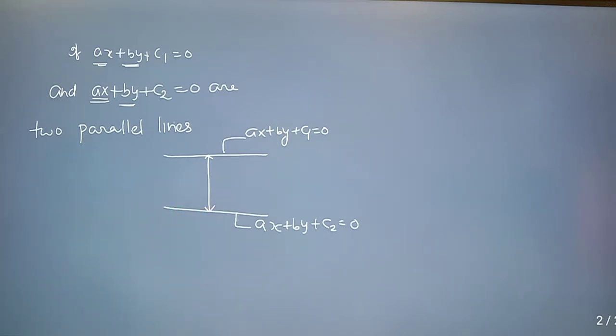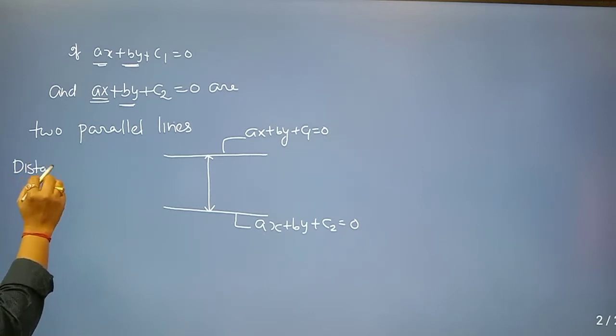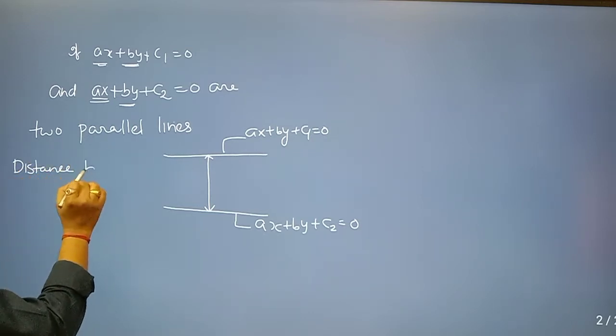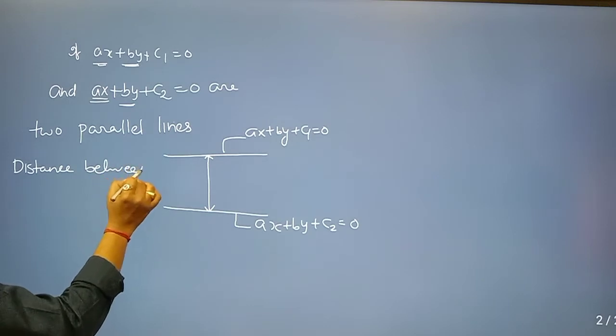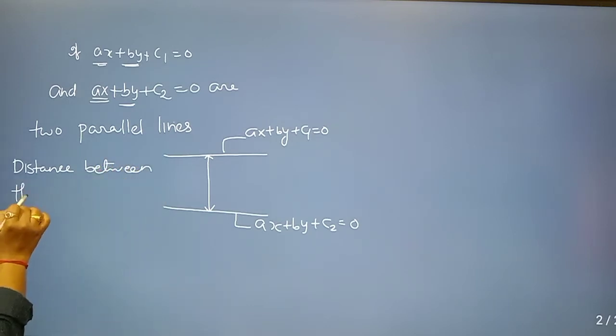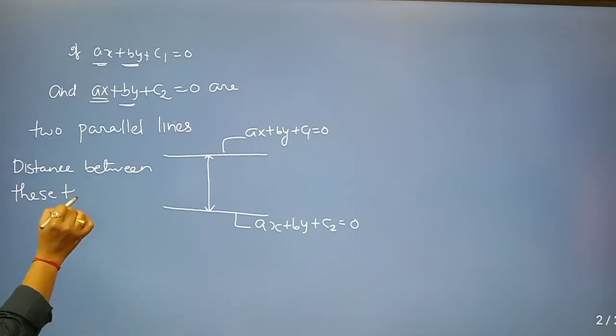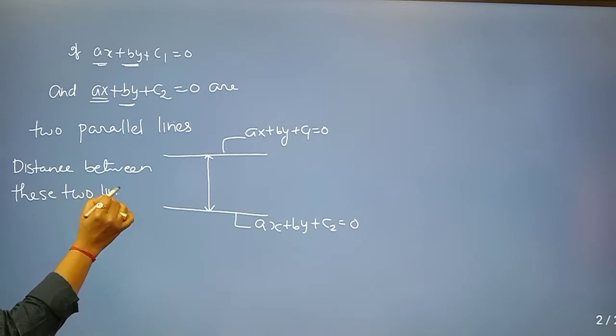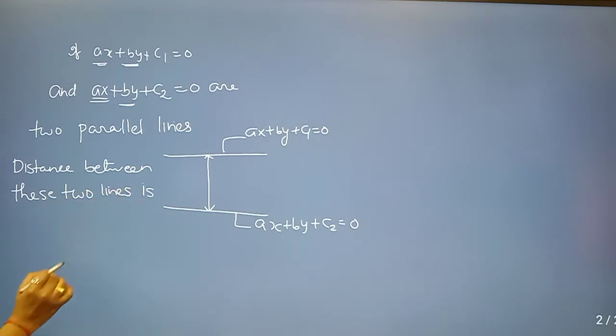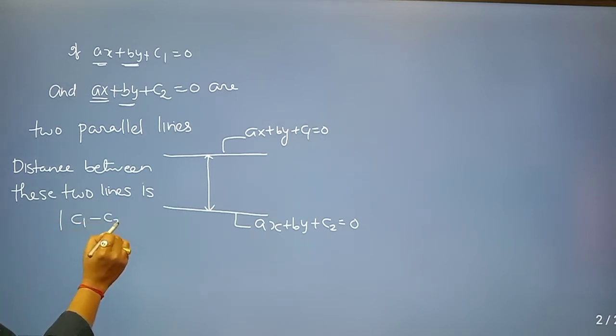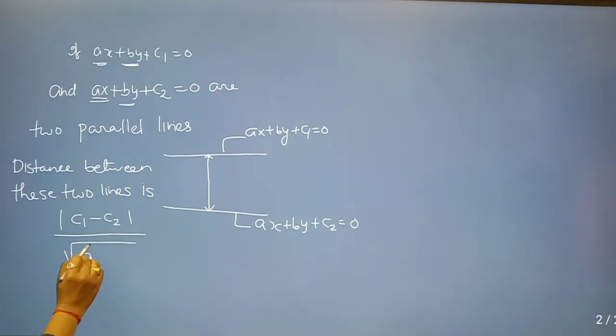The distance between these two lines is the modulus of the difference of their constants, c1 minus c2, by root over the x coefficient squared plus the y coefficient squared, that is, a square plus b square.